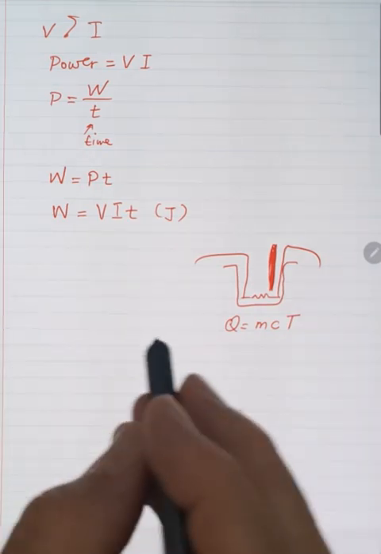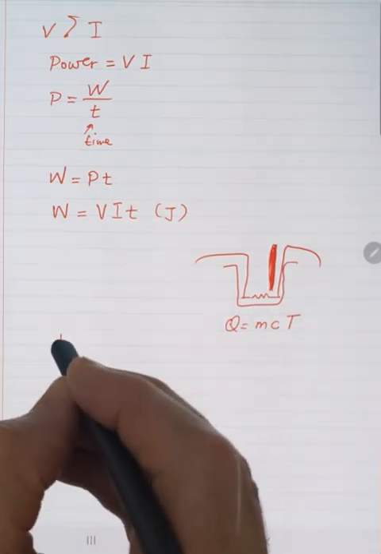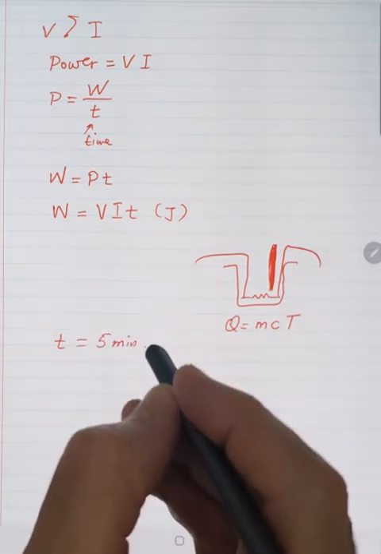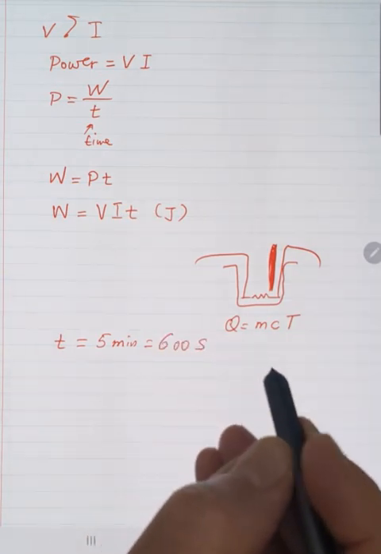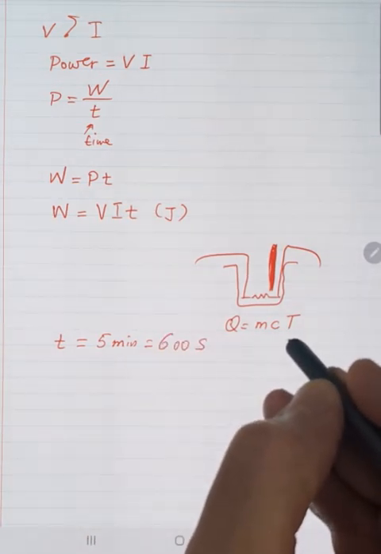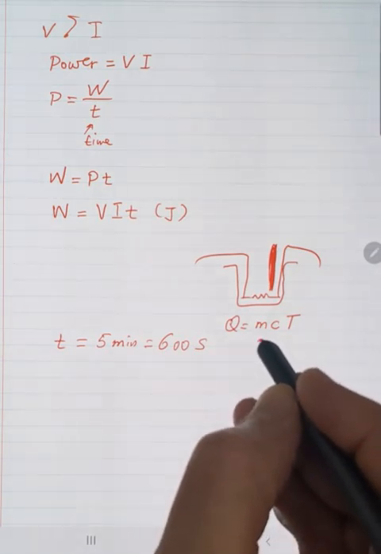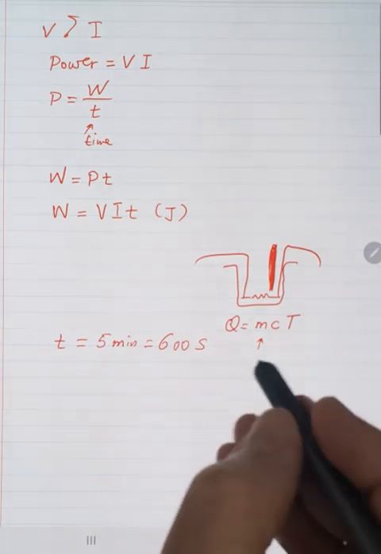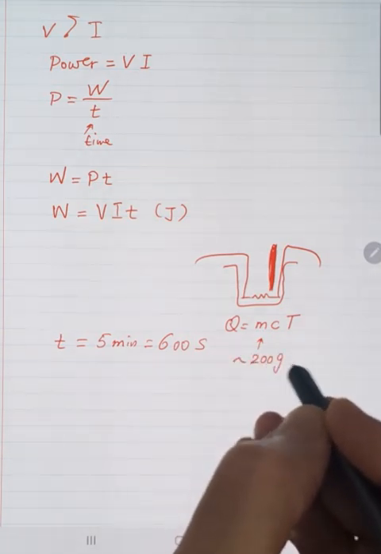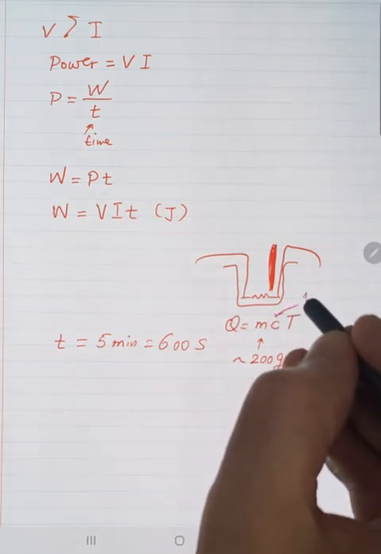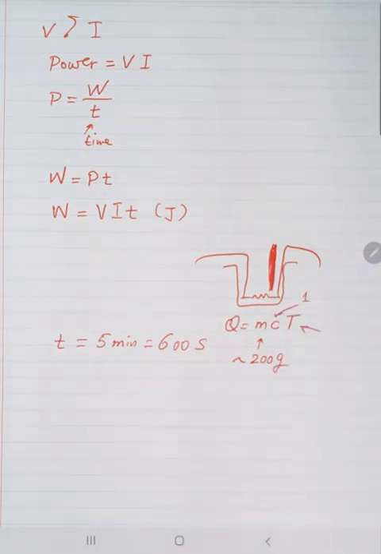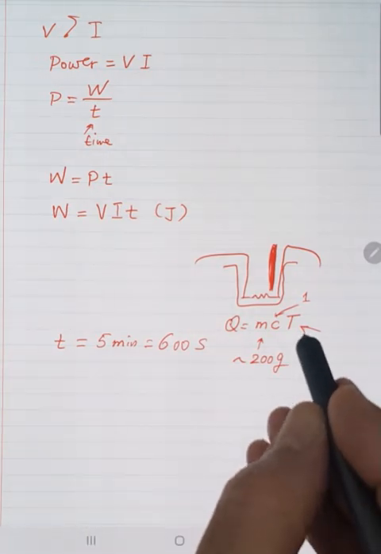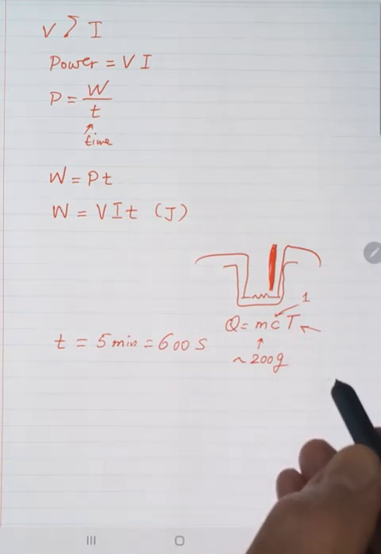We start our experiment, and when the time is 5 minutes, which is 300 seconds, we take a measurement. We measure the water; the first time we measure, it's about 200 grams. C for the water is 1, and we just measure the temperature. So at 5 minutes, we look at the thermometer and take the temperature.